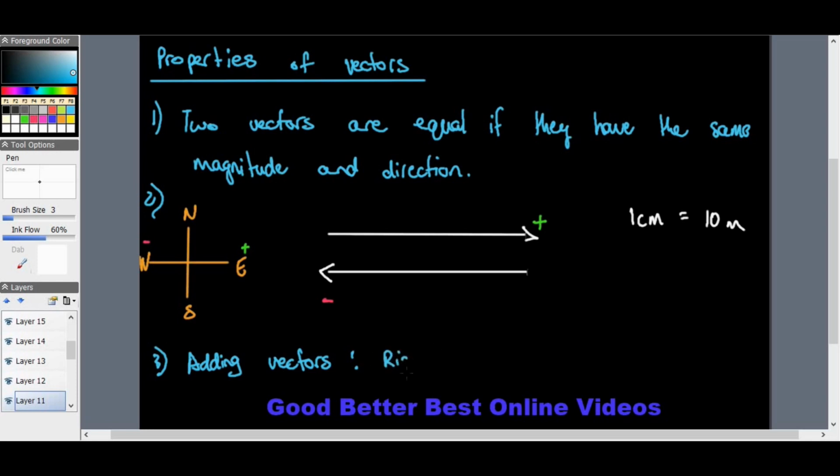If you go to the right, that will be positive, and if you're going to the left, it will be negative. So let me just add a negative sign there. So we'd have a straight line sum. If it were 10 plus minus 4, your vector sum would equal 10 minus 4, which would end up being 6.